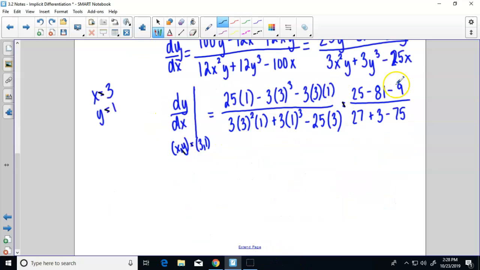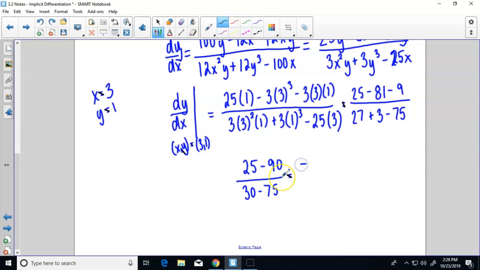Okay, so together that's 25 minus 90, if we put those two together first, just because they add up to even numbers. And then here you'd have 30 minus 75.